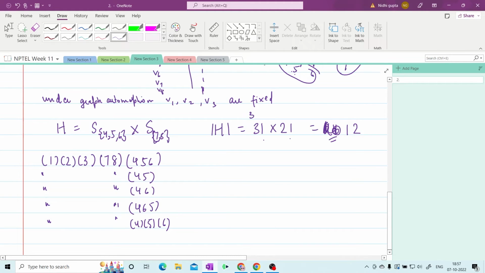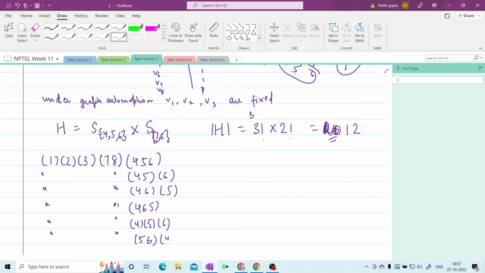I am missing one more, which is 5, 6. So these are the permutations, and we have the same case: these 6 permutations, and the other 6 come from when 7, 8 is fixed. So in this manner we get our 12 permutations.